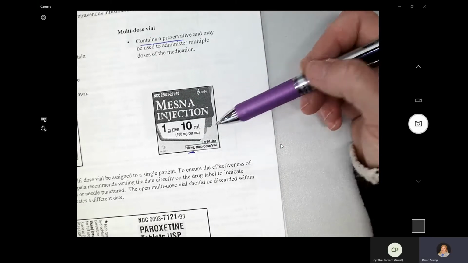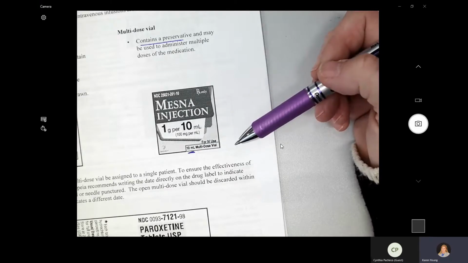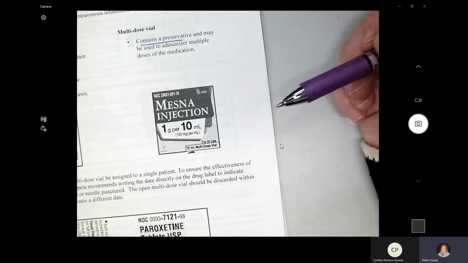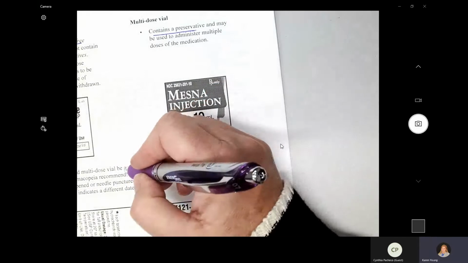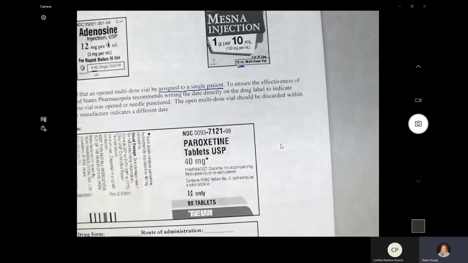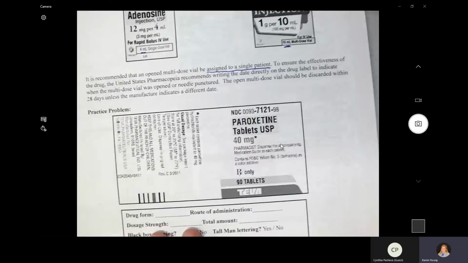I don't know, sometimes because you pull out more than what you need to get the air bubbles out. So you won't necessarily get the whole 10 milliliters out unless you're giving a 10 milliliter IV injection. Of course, it's assigned to a single dose or single patient, or it's recommended that it is. Most hospitals will assign it to a single patient.